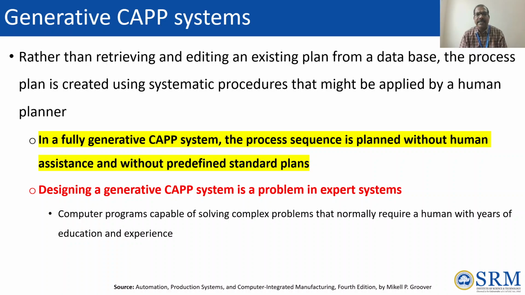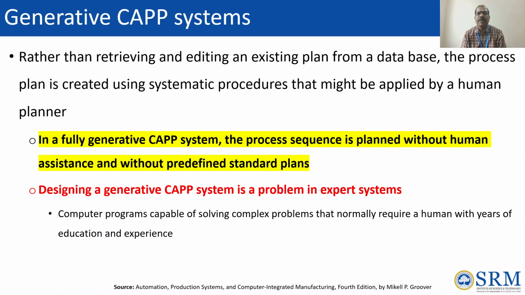In a fully generative computer-aided process planning system, we need to create the process plan without human assistance or predefined standard process plans. The knowledge of human process planners needs to be pre-gathered according to their expertise.